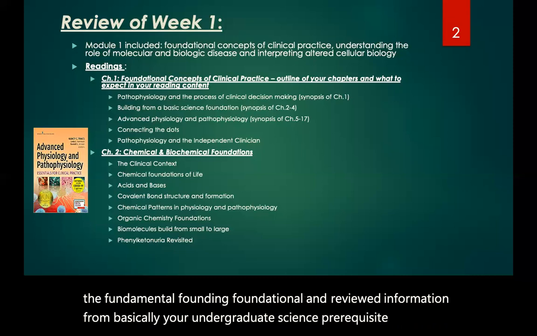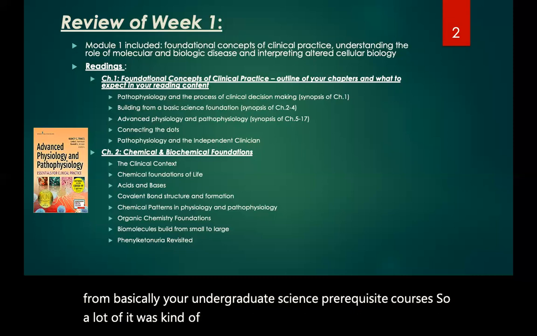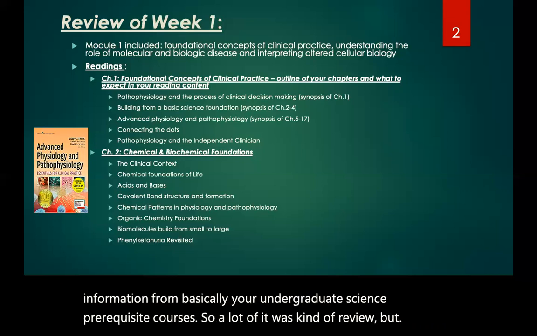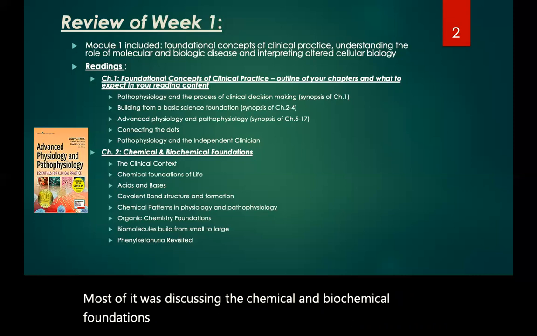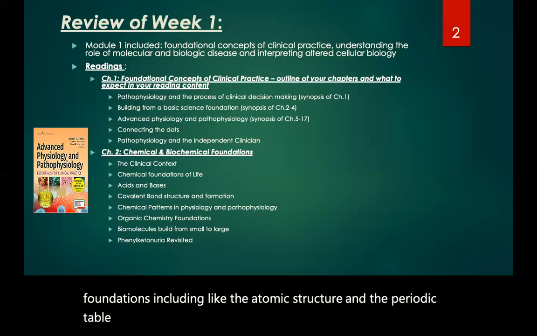So a lot of it was review, but most of it was discussing the chemical and biochemical foundations of life. They started with reviewing chemical foundations, including the atomic structure and the periodic table of elements, which we will review again before I move on into our coursework for this week.